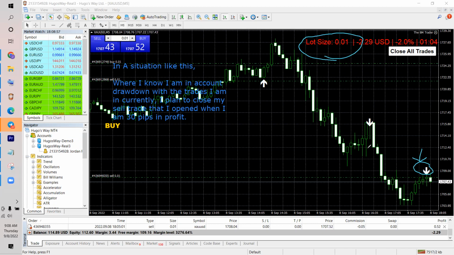Now, what I'm going to consider my account balance is this particular number right here, the equity. As I stated at the beginning of today's journey, the number that is going to stick out to me the most is the equity number.